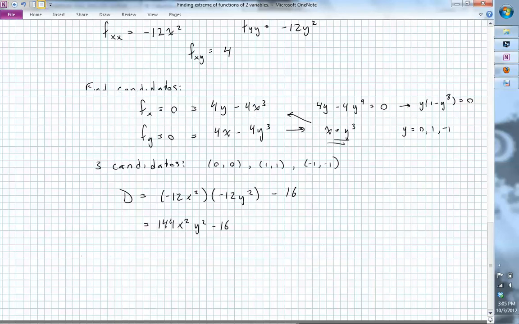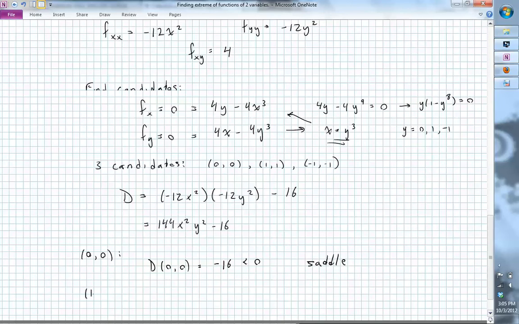So let's do the test on (0, 0). What's D of (0, 0)? Negative 16, which is less than 0. So how can we classify (0, 0)? It's neither, it's a saddle point.